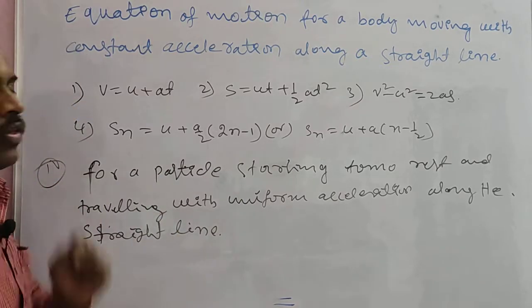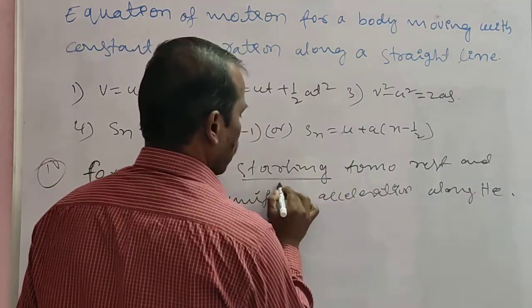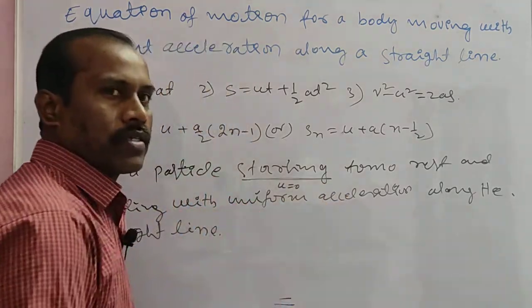Then in the above equations, the particle starting from rest means the initial velocity is 0.